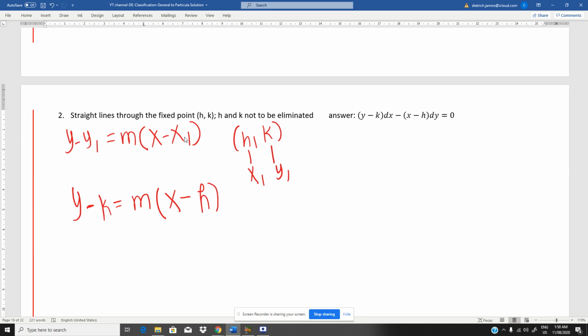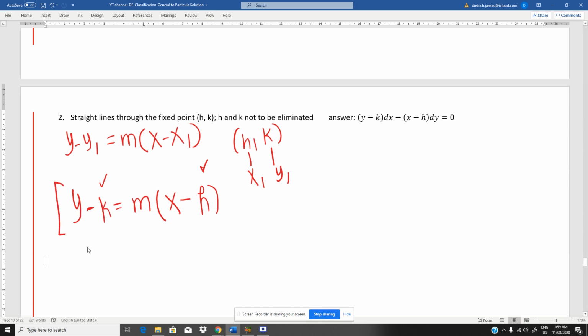Taking the derivative, as we all know, k and h are not to be eliminated, so we will only eliminate m. We will take only the first derivative with respect to x.